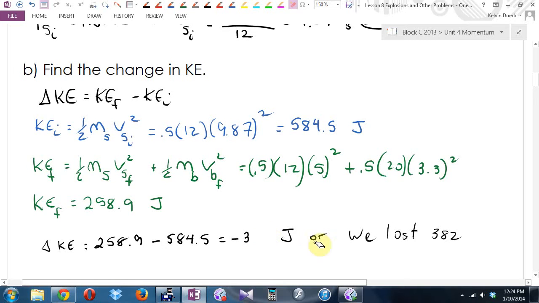Oh, I see what. Yeah, I totally care. 2.3. Oh, you did 2.3 for the velocity up here? Okay, so all of your numbers are wonky.